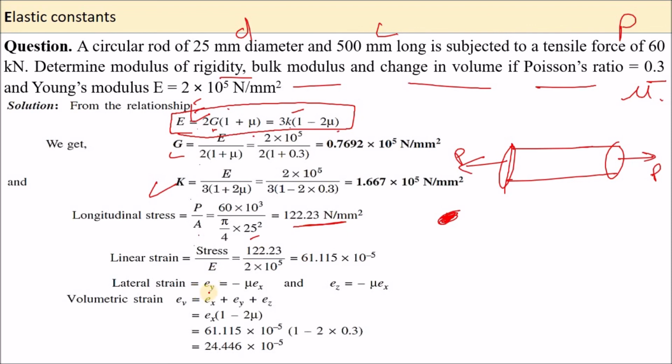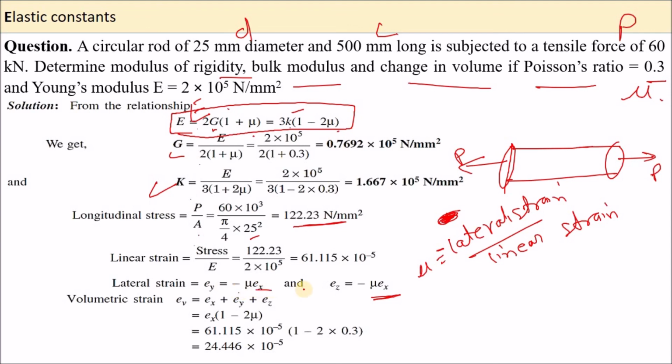Lateral strain: epsilon Y equals minus mu epsilon X, and epsilon Z equals minus mu epsilon X. How did it come? From the definition of Poisson's ratio, mu equals lateral strain divided by linear strain. From this formula, and this will be negative because lateral will be negative and linear will be positive. So we should add negative here. From that we got lateral strain epsilon Y equals minus mu epsilon X and epsilon Z equals minus mu epsilon X.